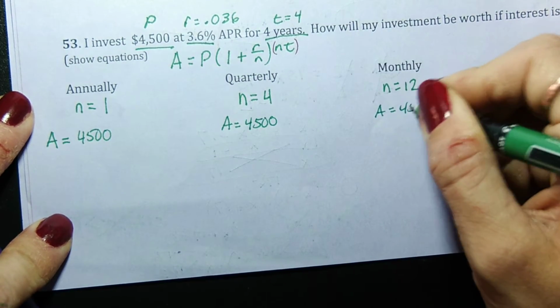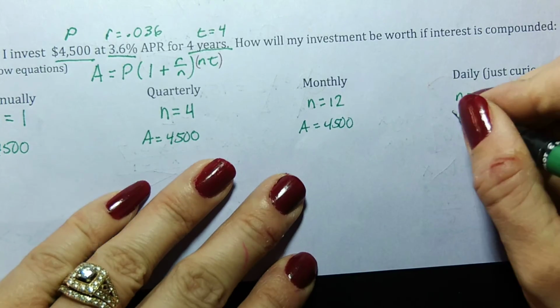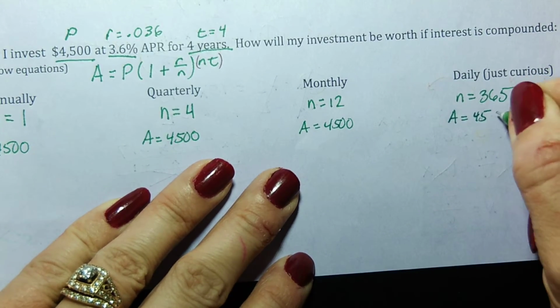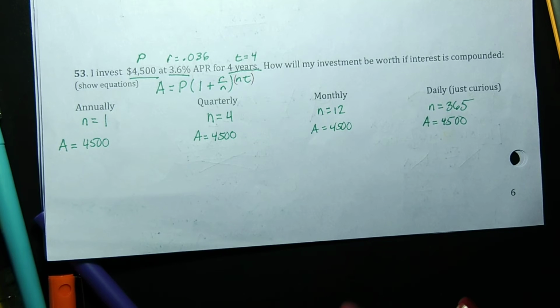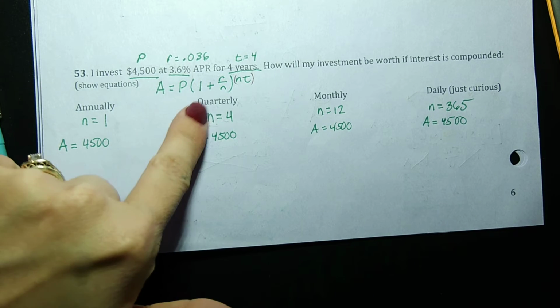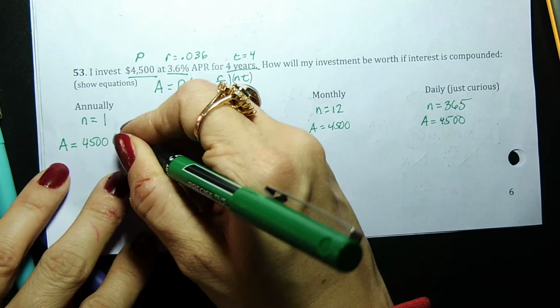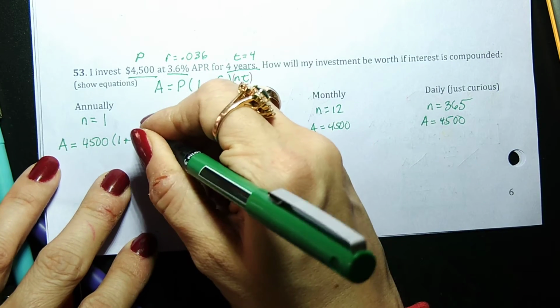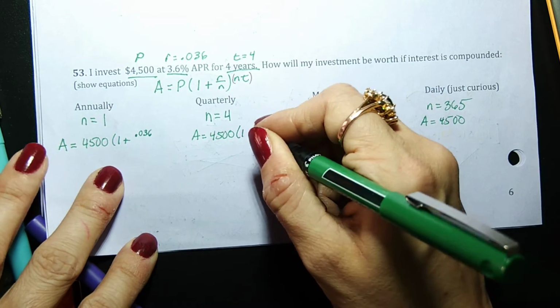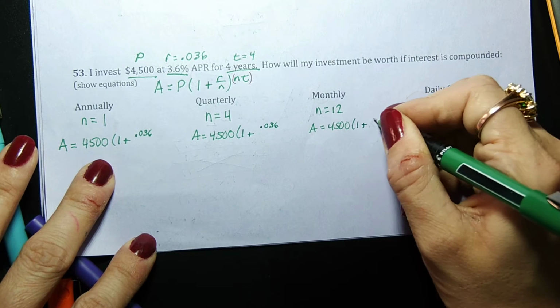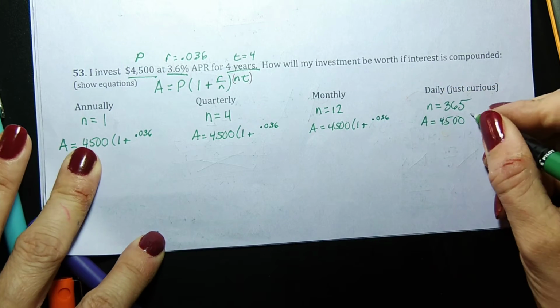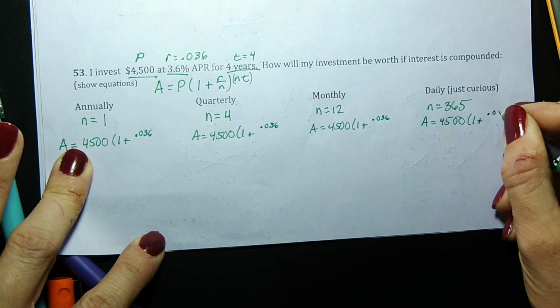A equals 4,500, because the principal is going to be the same for all of these. What else is going to be the same is 1 plus the rate, 0.036. 1 plus 0.036. 1 plus 0.036.